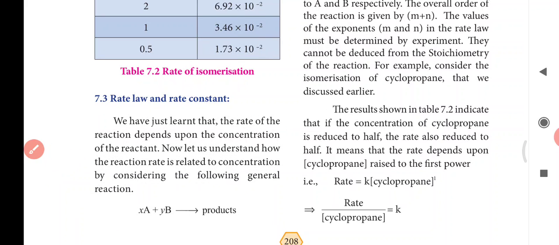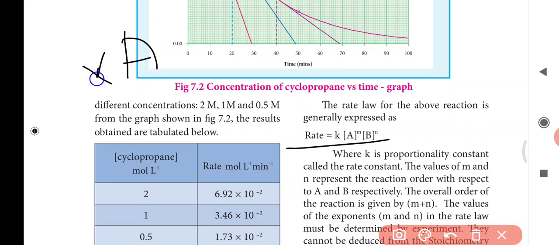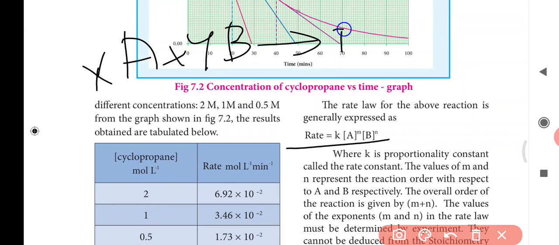Let's see. The rate law for the above reaction, xA plus yB gives product, is rate equal to K, the concentration of A to the power m, and the concentration of B to the power n.